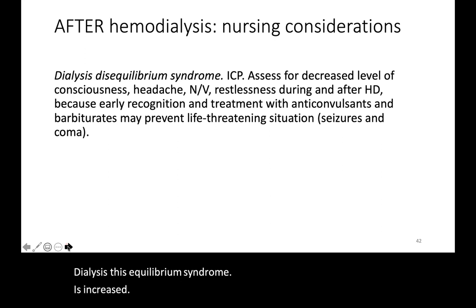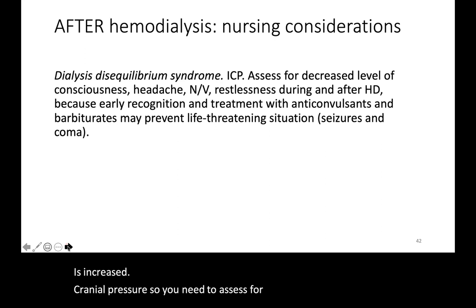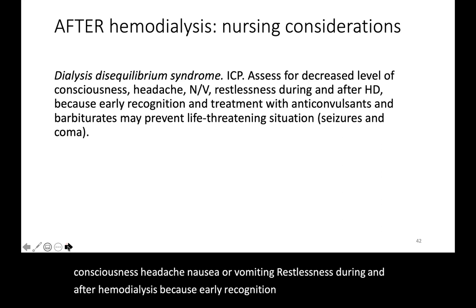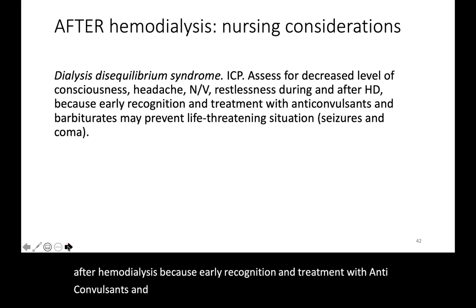So you need to assess for decreased level of consciousness, headache, nausea and or vomiting, restlessness during and after hemodialysis, because early recognition and treatment with anticonvulsants and barbiturates may prevent life-threatening situations such as seizures and coma.